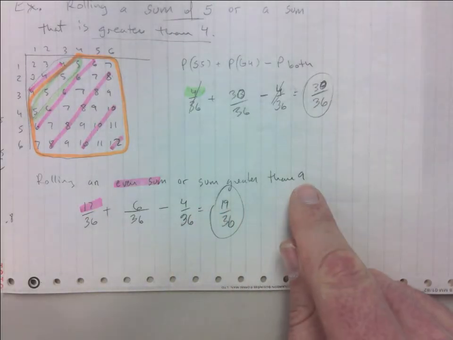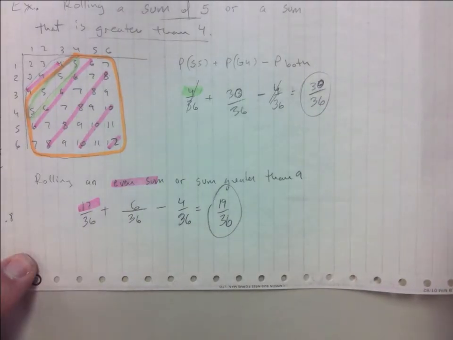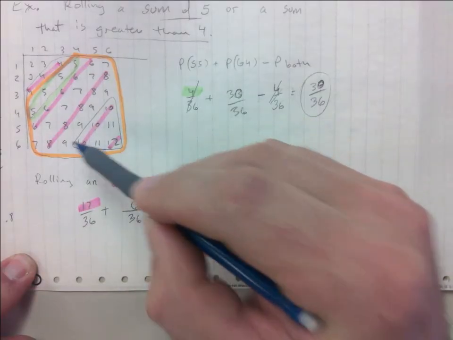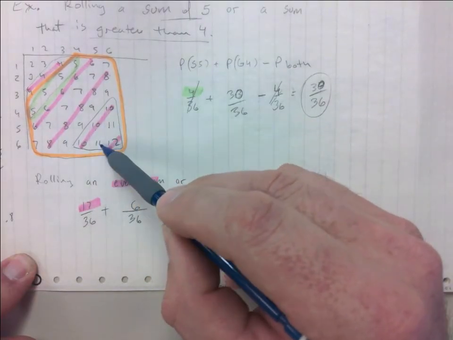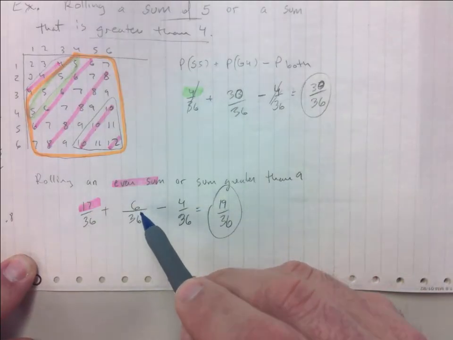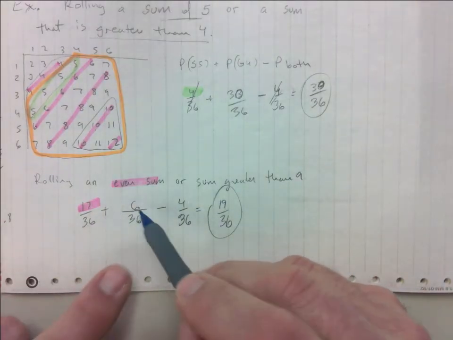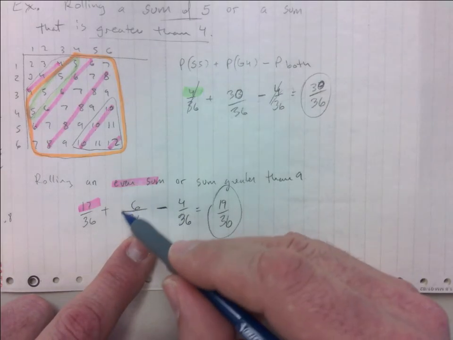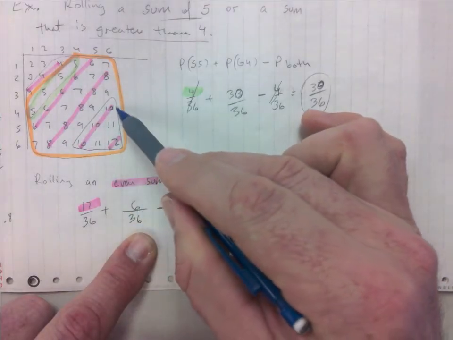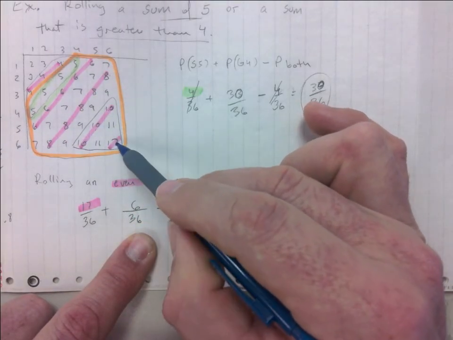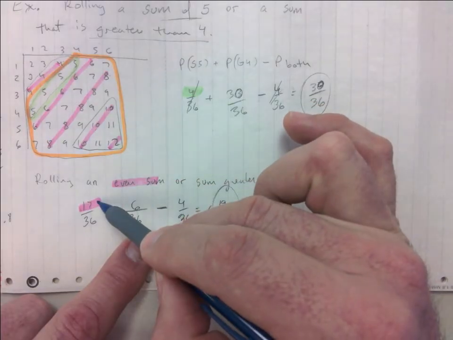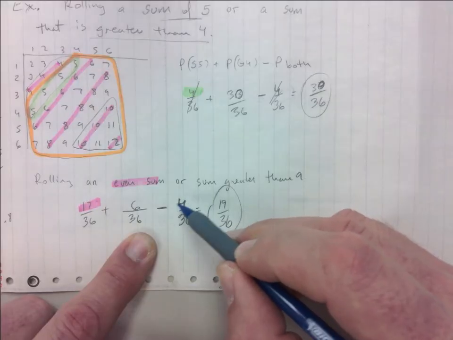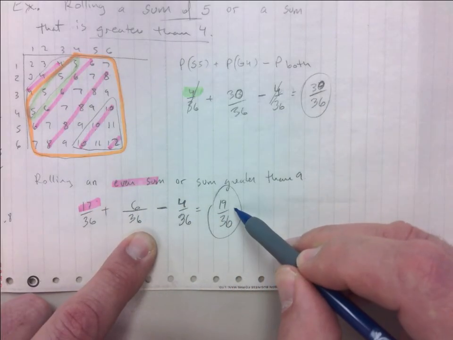A sum greater than 9, I'm going to use my pencil here. Greater than 9 is this part right here. So there's 1, 2, 3, 4, 5, 6 outcomes that are greater than 9. So we add them. Then we're going to subtract overlaps. In the greater than 9, there are 1, 2, 3, 4 outcomes that I've already counted. So that's why I subtract the 4. And when you add and subtract, you get 19 out of 36.